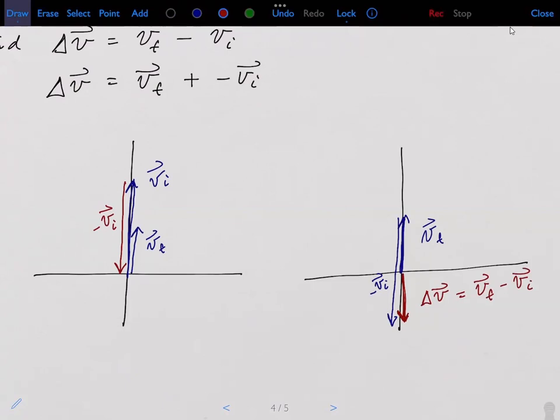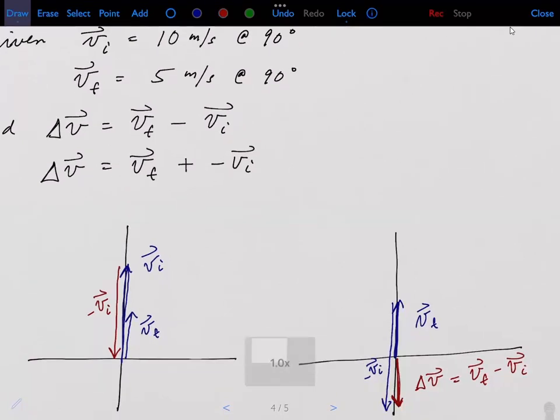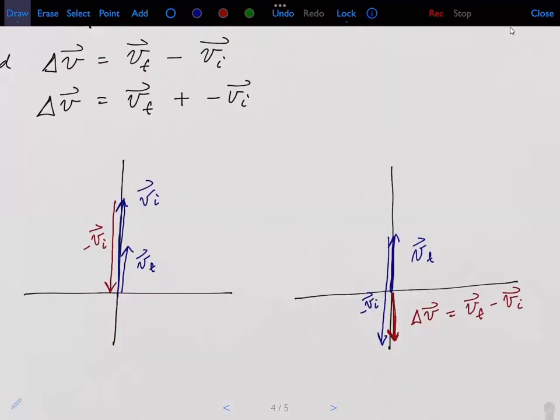Okay, so basically, if you work this out, we can actually do this just by thinking about it. We can do it mathematically because everything is in the same direction. If v final is 5 meters per second, so this is 5 meters per second, this length, and I add negative v initial, which is like now negative 10, then what is delta v going to be?